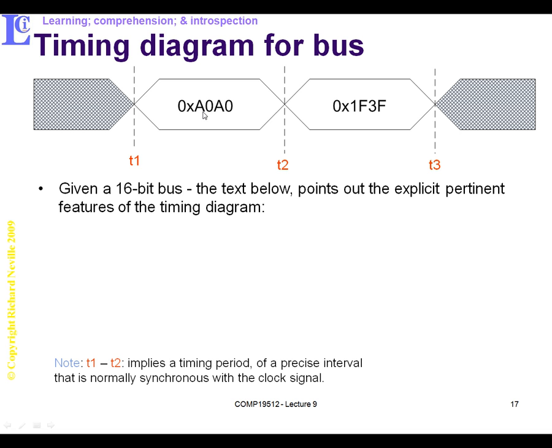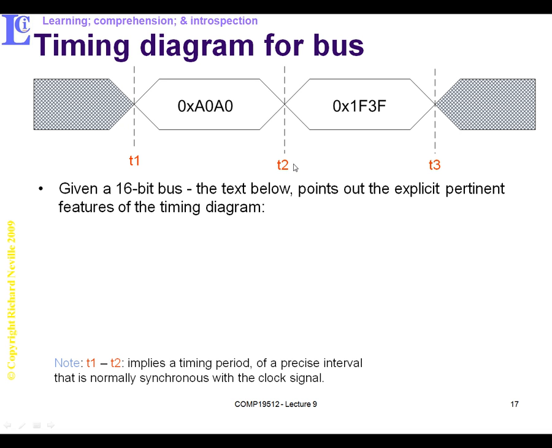So if you remember, A is 10 and 0 is, well, it's obvious. So let's look at this again. This is a 16-bit bus, that's 4 bits, 4 bits, that's 8 bits there, another 4 bits and 4 bits, that's 2 sets of 8 altogether, that's a 16-bit depiction, and this is the value from the period T1 to T2. Now remember, these are transition periods, when it transitions from its previous value to the next.